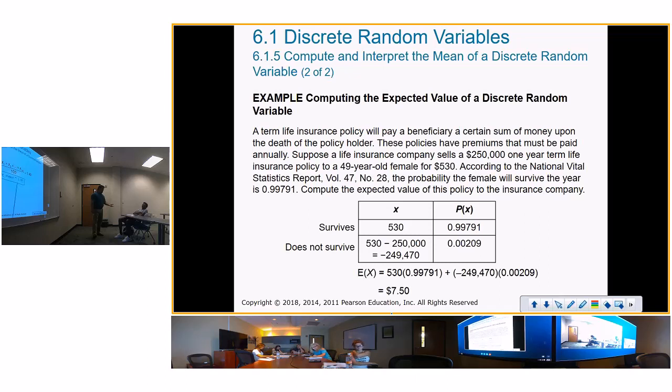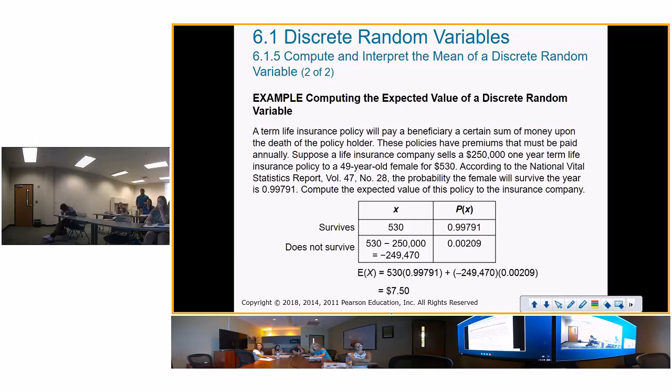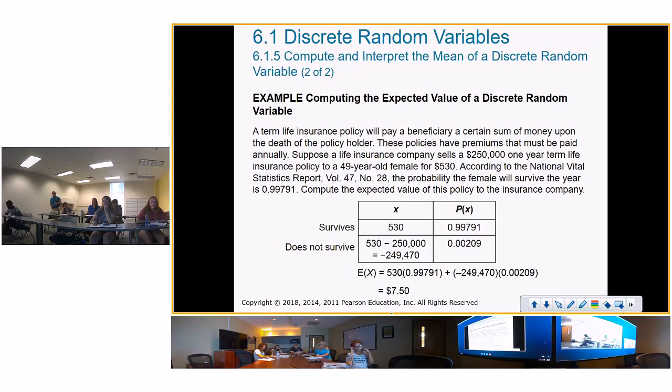It's the complement of what? Okay, what's the complement of living? Dying. What's the complement of dying? Living. So if the survival rate or living probability is 0.99791, then the die-in probability is 1 minus 0.99791, which is 0.00209.